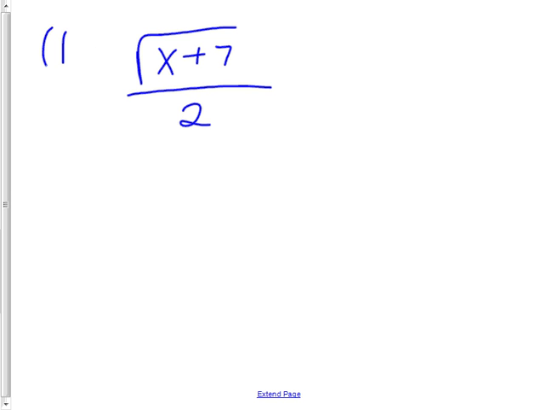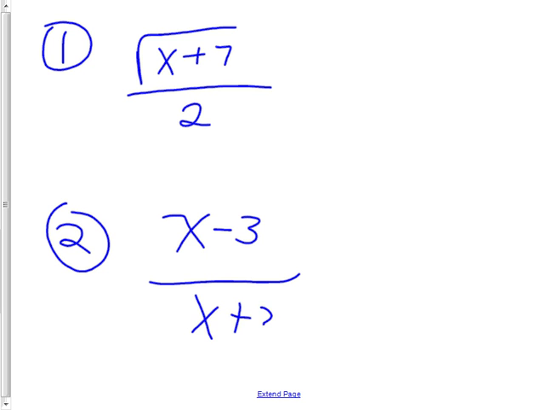All right, so here are 2 typical questions. I'm going to make it simple to start with here. This is problem 1, and this is problem 2. I want to know the domain of both problems. Remember, if you have square roots, you set them greater than or equal to 0.